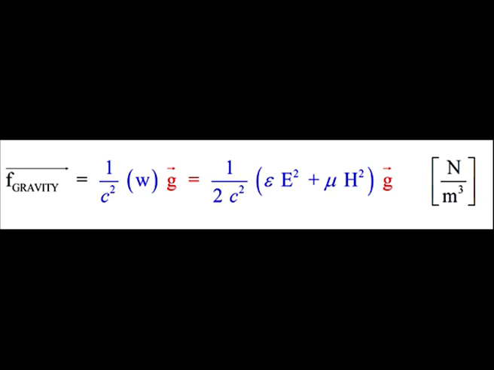This equals 1 divided by c² times the electromagnetic energy density times the gravitational acceleration, and the electromagnetic energy density equals 1/2 times the permittivity times the electric field intensity squared plus the permeability times the magnetic field intensity squared, together times the gravitational acceleration.